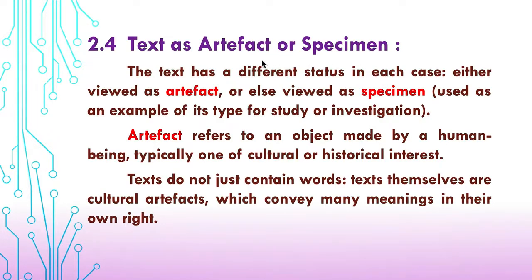So text as artifact or a specimen means that text is not only a written piece, not only a spoken form. Text may be valued as an artifact or a specimen. Text may be considered as an important piece of memory of the past, of the contemporary time, depending upon how we look at the meaning.